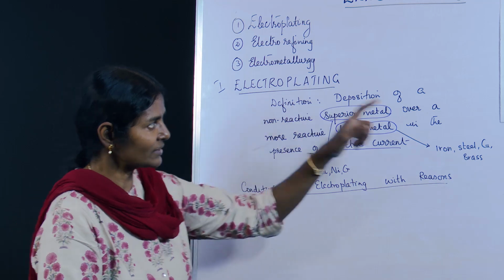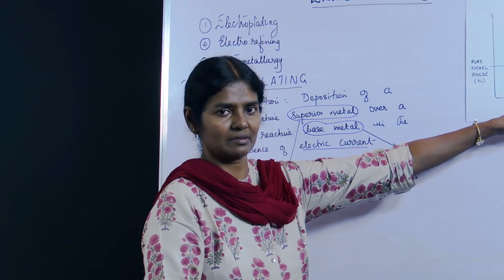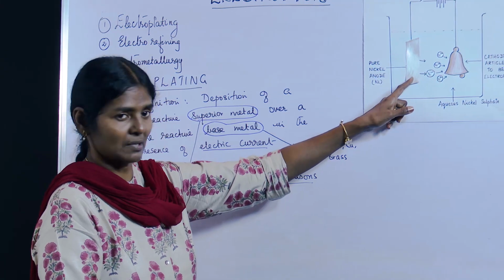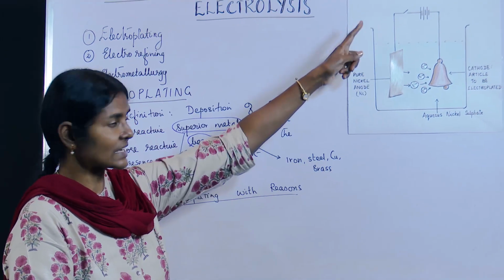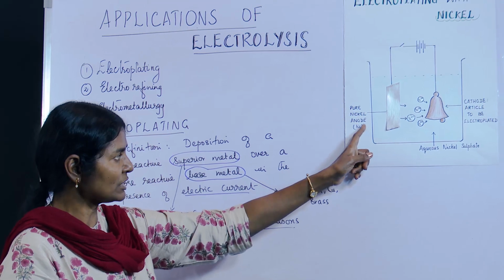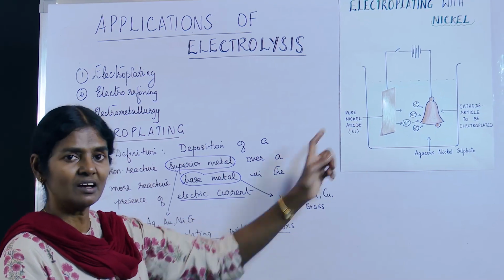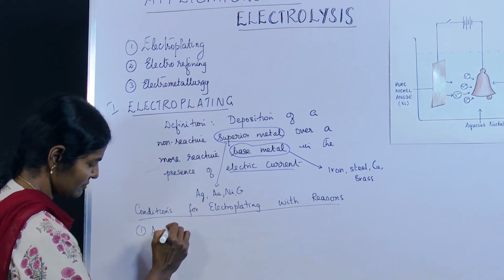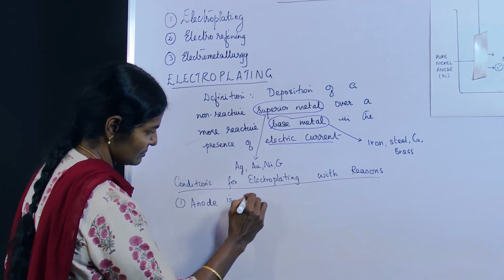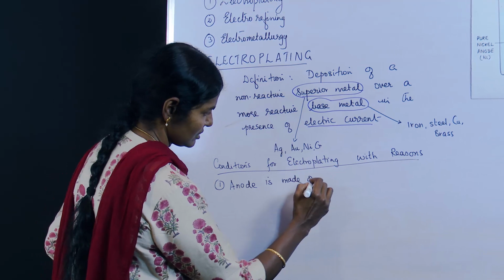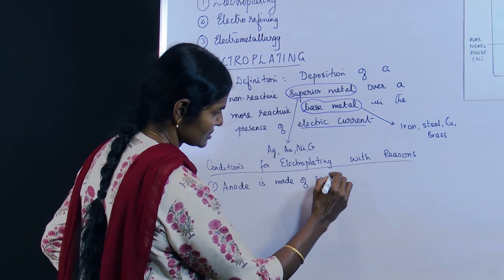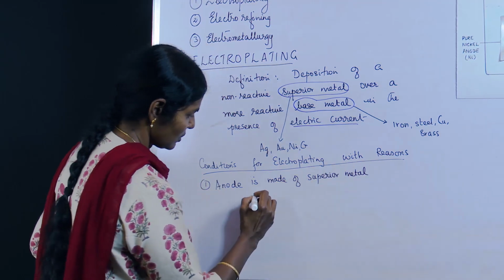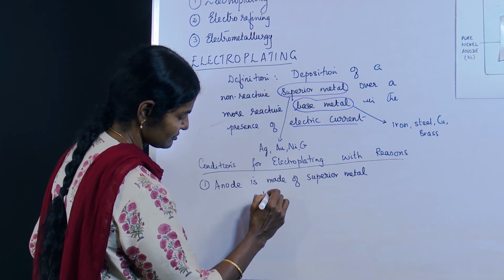After that, the superior metal, here in this case it is nickel plating, makes up the anode. So the anode is made of the superior metal, and this superior metal electrode is also active.